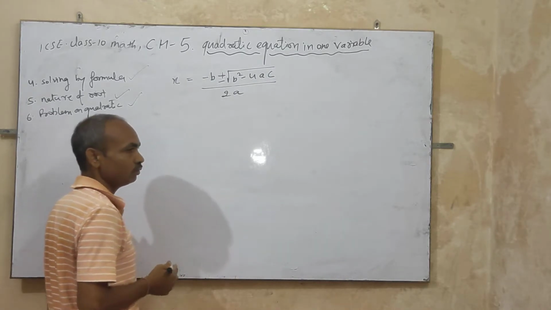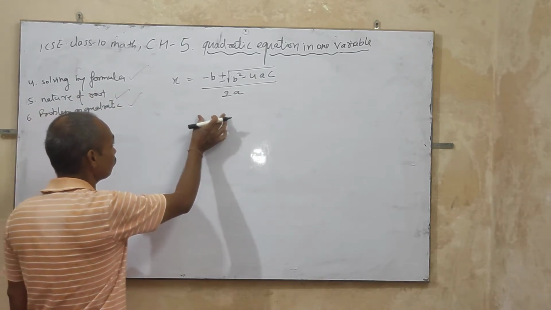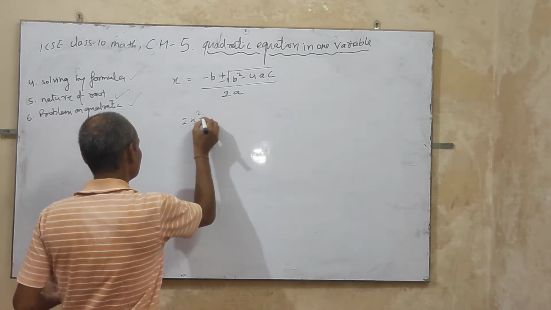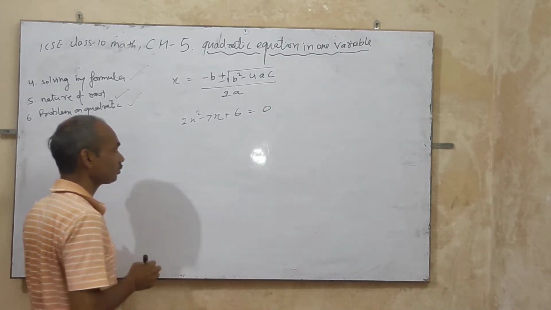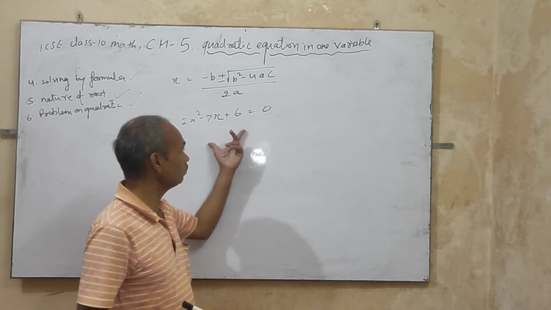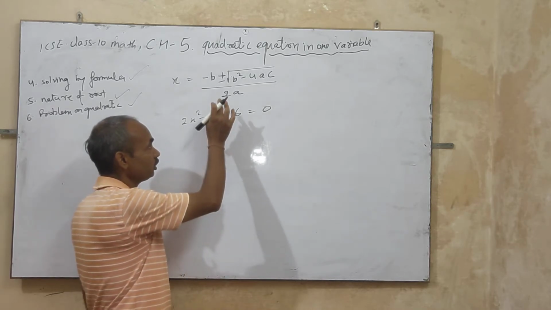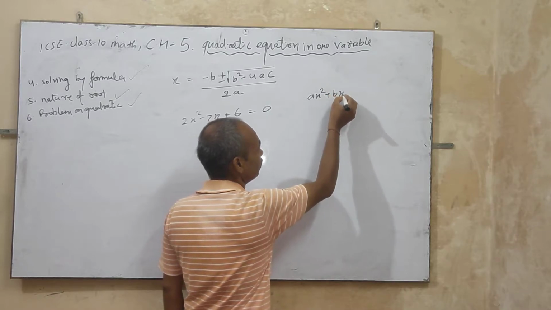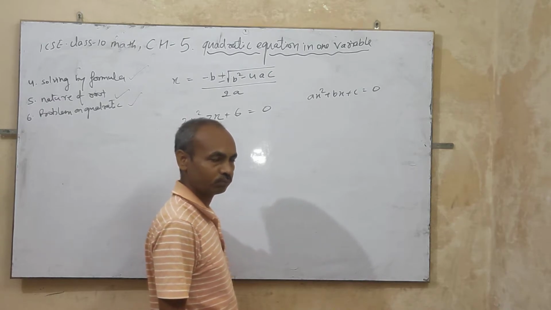Let us take one example, and solve the quadratic equation 2x square minus 7x plus 6 equal to 0 using the formula. This quadratic equation should first be changed into the form ax square plus bx plus c equal to 0, if it is not in this form.